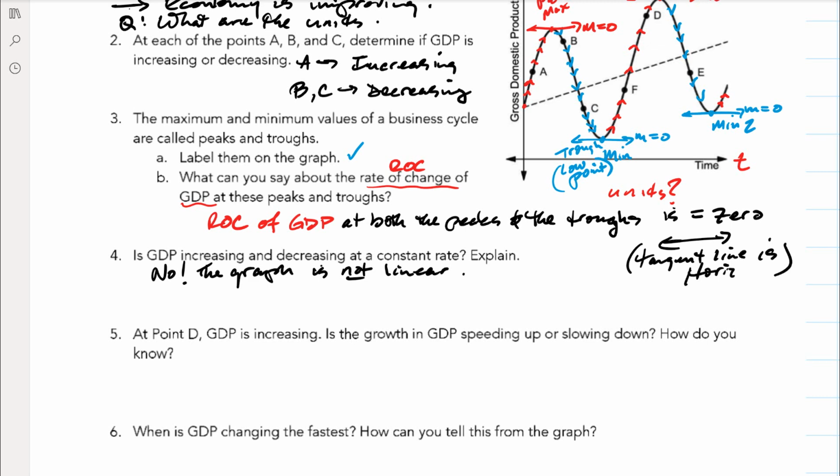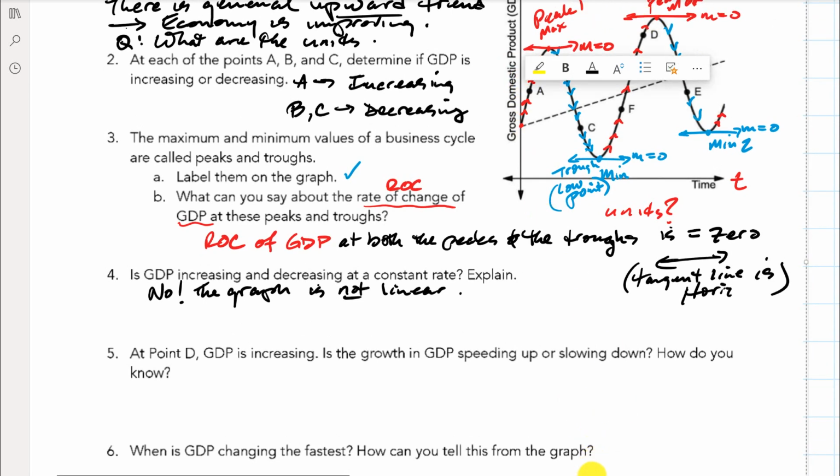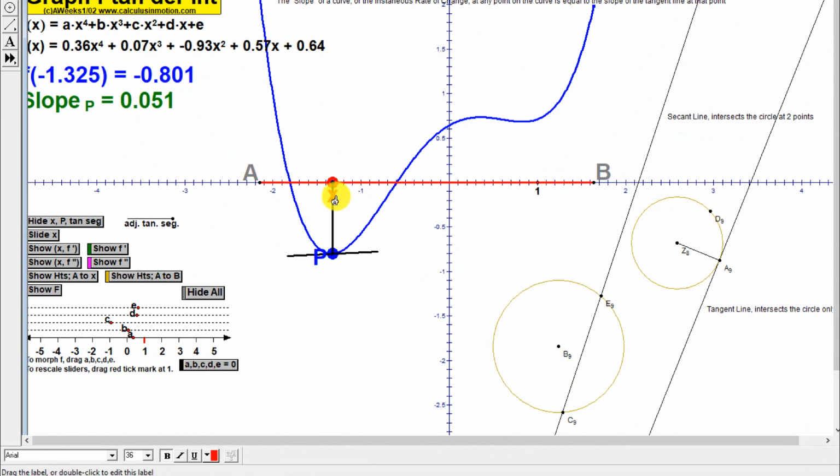So is the GDP increasing or decreasing at a constant rate? No. More specifically, let me go back to the other program just to exemplify. When you're close to the peaks and the troughs, right in through here, the change of the slope is gradual. It's either increasing or decreasing, depending on which side you're at.